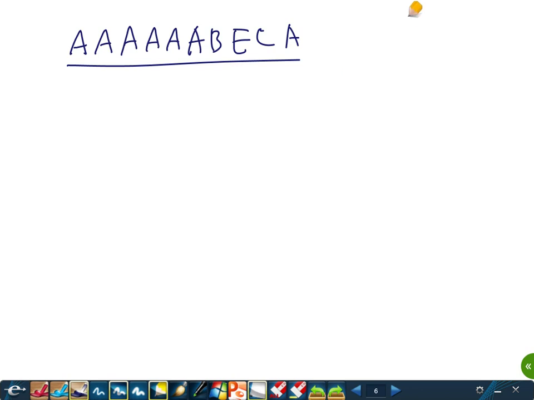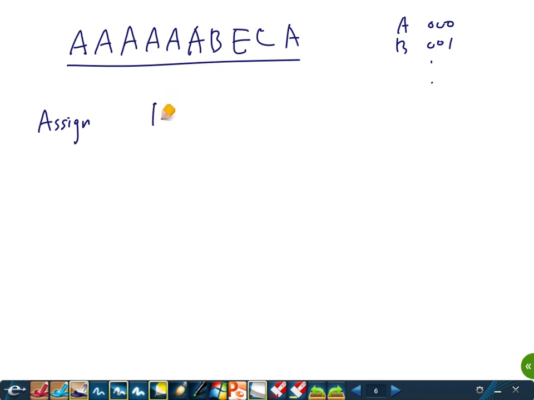You can use the same thing, A as 000, B as 001, etc. So assign a string of length 3 to each letter, then it's fine, you can encode this. But that's not going to be very efficient. You can see A occurs many times, like 7. So maybe if we assign a very short string to A, it can be more efficient.